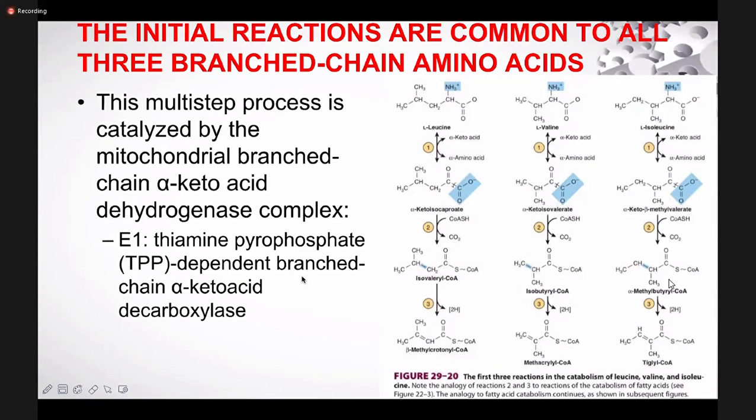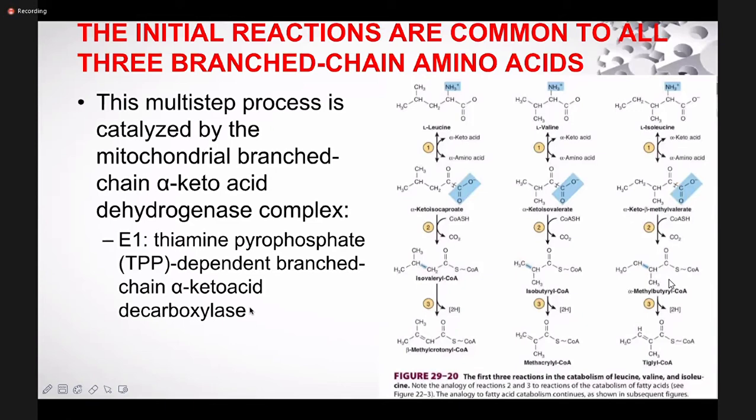So it has E1. This is the thiamine pyrophosphate dependent branched-chain alpha keto acid decarboxylase. So these are the enzymes involved in this complex in order for these 3 branched-chain amino acids to be converted into coenzyme A thioesters. So we have first E1, thiamine pyrophosphate dependent branched-chain alpha keto acid decarboxylase.